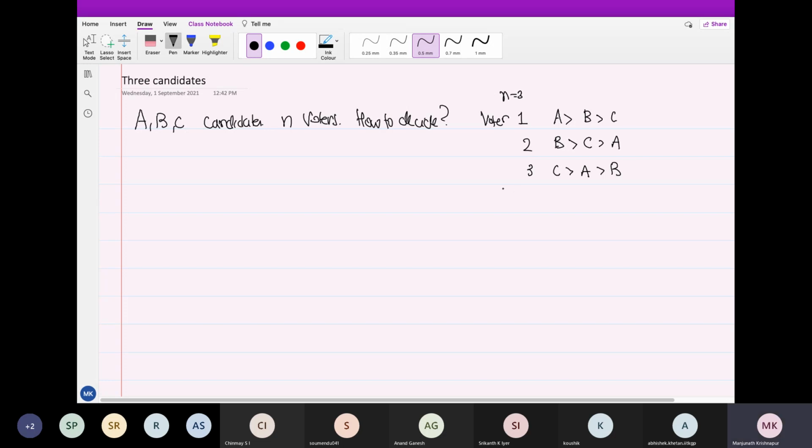Who wins? It's not clear, right? You cannot decide anything. It's a completely symmetric situation. Anything you say in favor of A can be used in favor of B or in favor of C. So it's a completely ambiguous situation.